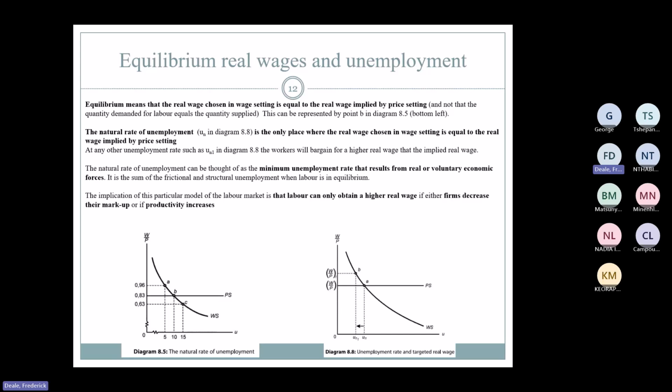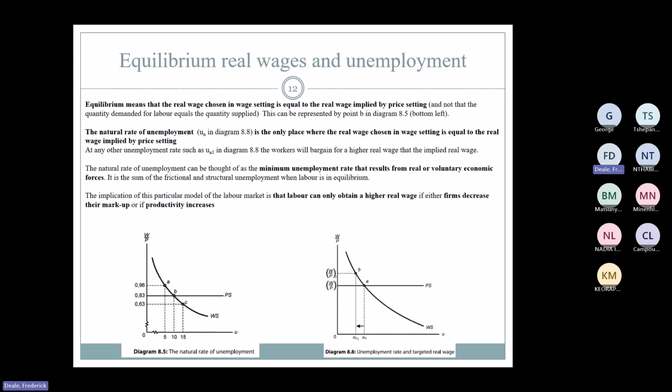The equilibrium means, obviously, generally in economics, the equilibrium is where the two intercept. But the equilibrium in this case means that the real wage chosen in wage setting is equal to the real wage implied by price setting, right?